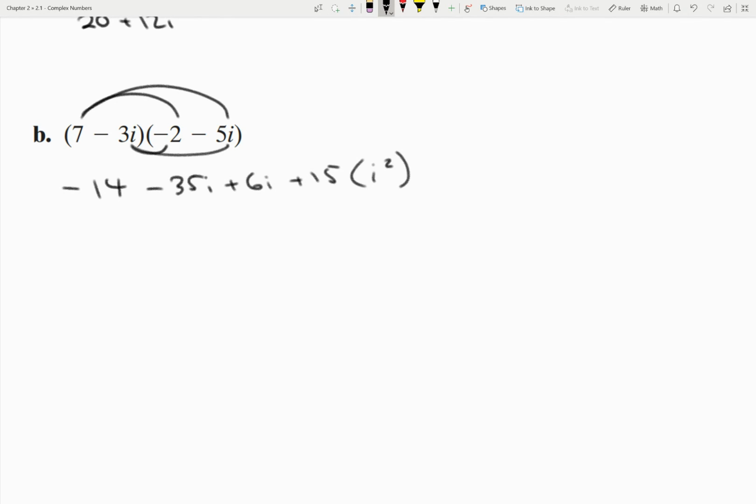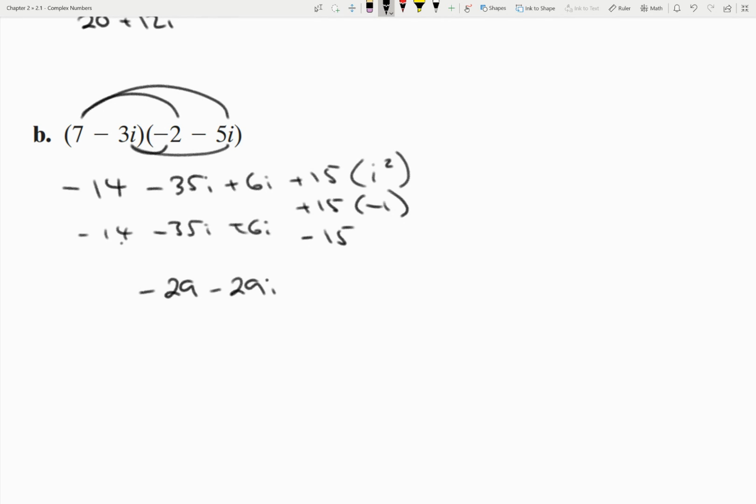I squared turns into negative 1, and so this turns into a negative 15. So we have negative 14 minus 35i plus 6i minus 15. Combine the real parts, combine the imaginary parts: negative 14, negative 15, negative 29. Negative 35 plus 6 is a minus 29, again with an i.